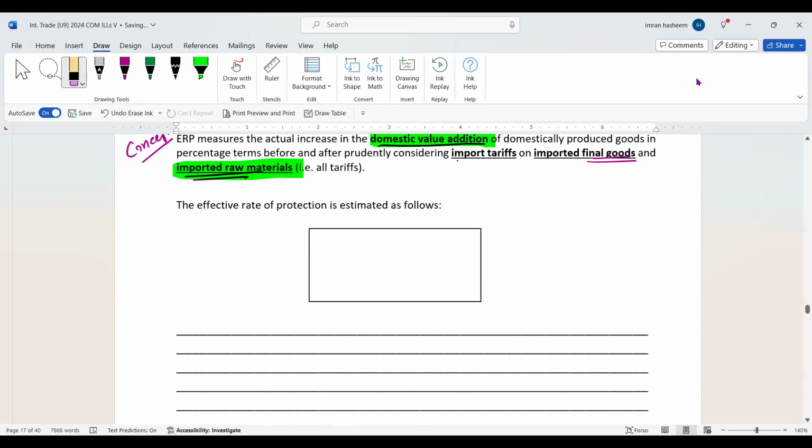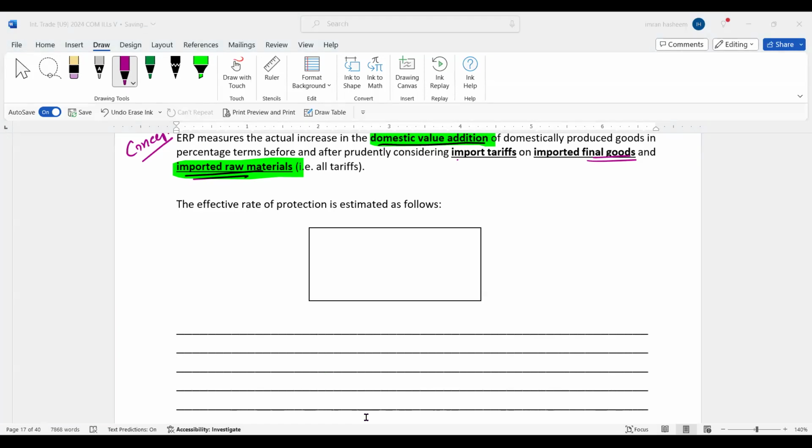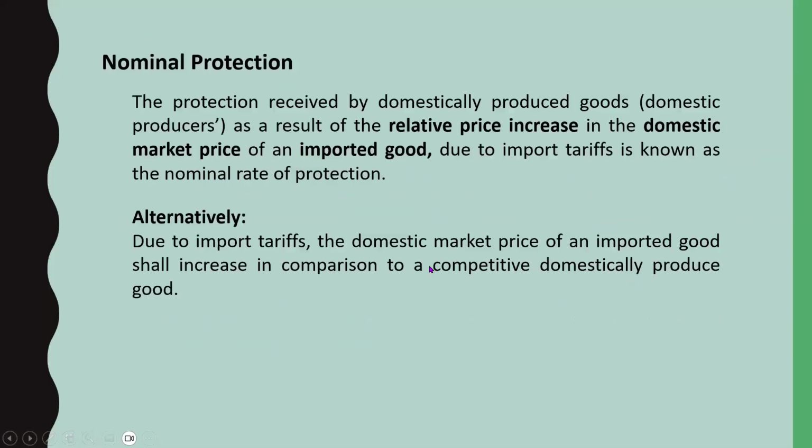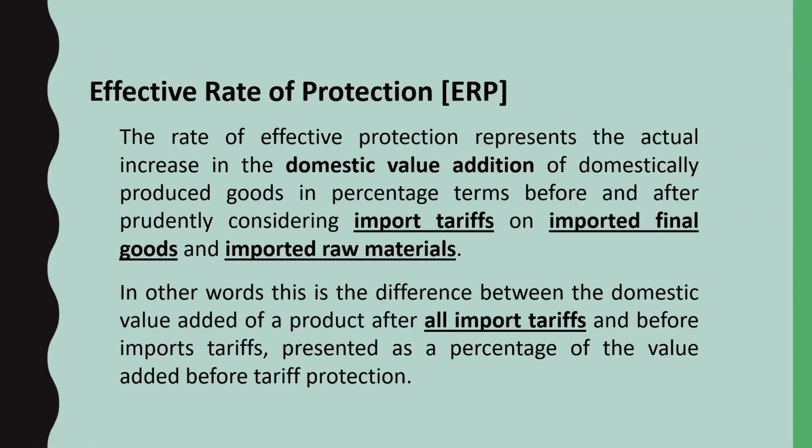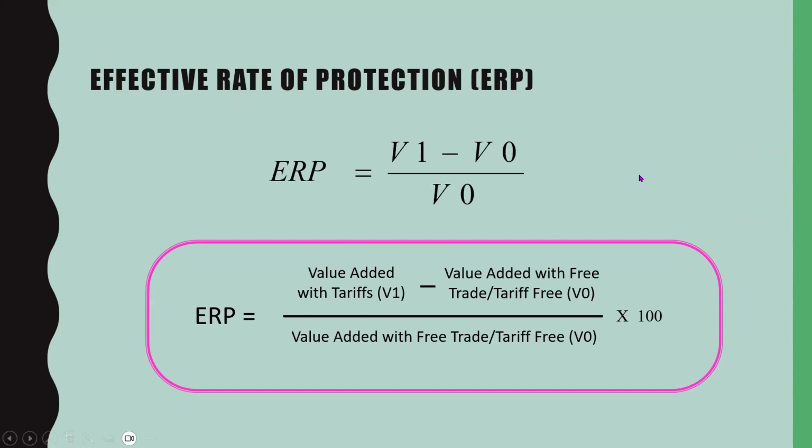Then we look at a simple formula. It's basically a percentage calculation. I have this on the virtual whiteboard; I've extracted it from one of the slides done by your professor.